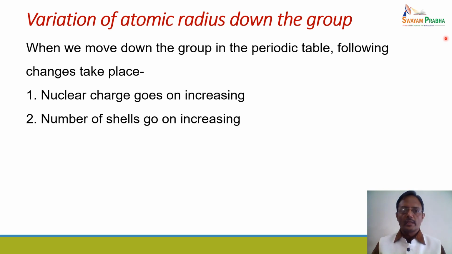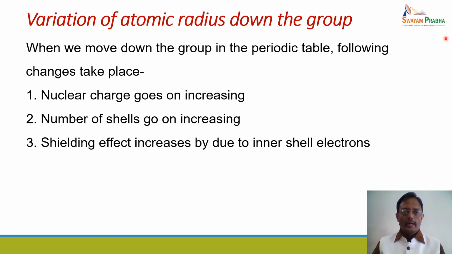Number of shells goes on increasing because from first period to second to third to fourth period, one extra shell is added every time, and the shielding effect also increases because a new shell is added, meaning that the number of electrons present between the nucleus and the outermost electron continuously increases.